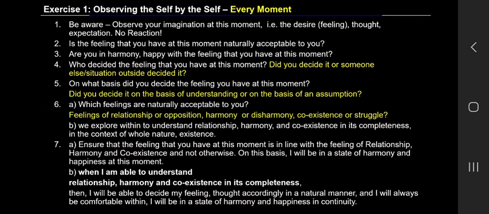Then in step 6, we are asking which feelings are naturally acceptable to us. Feeling of relationship, opposition, harmony, disharmony.